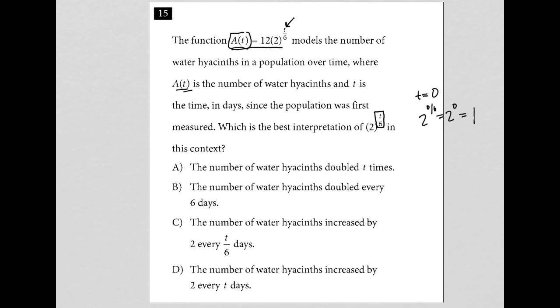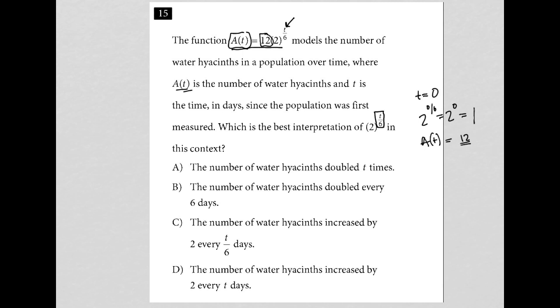Then that 1 gets multiplied by 12, so a of t equals 12. That tells us there were 12 water hyacinths in the population before any days passed in terms of the population being measured.